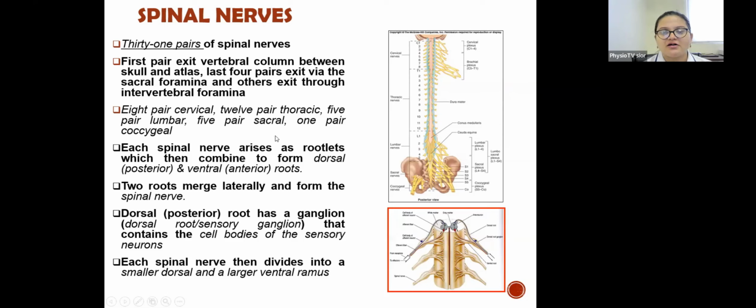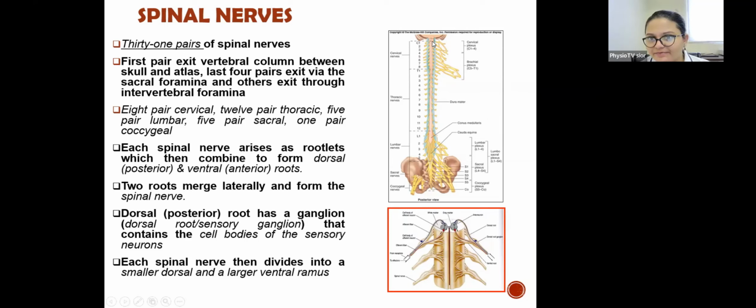We have already discussed the segmental organization. There are 8 pairs of cervical spinal nerves, 12 pairs of thoracic, 5 pairs of lumbar, 5 pairs of sacral, and 1 pair of coccygeal nerve. Each spinal nerve arises as rootlets first, which then combine to form the roots, which are dorsal roots and ventral roots. These two roots merge laterally and form the spinal nerve.